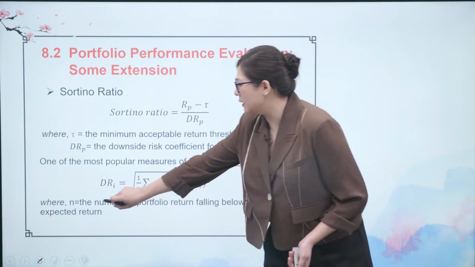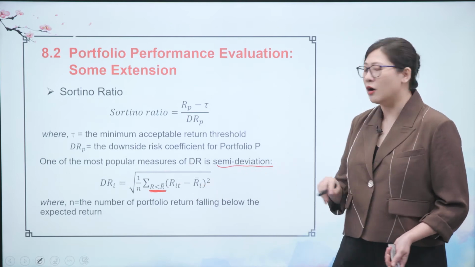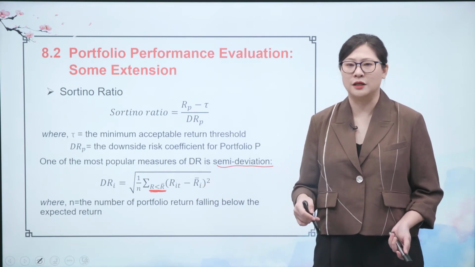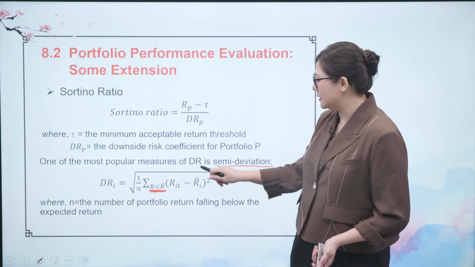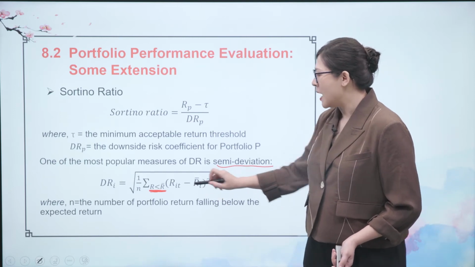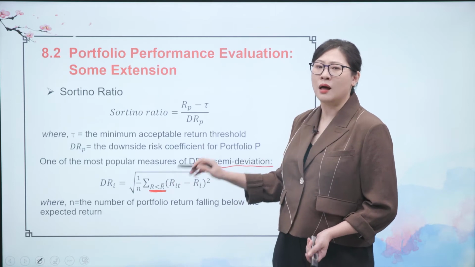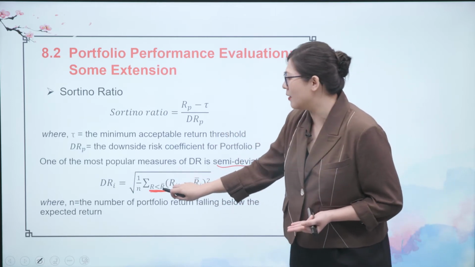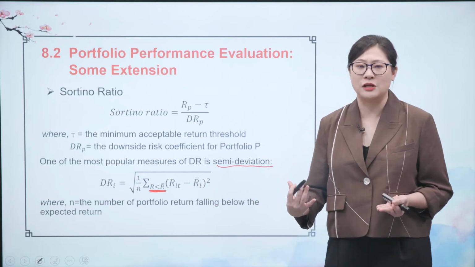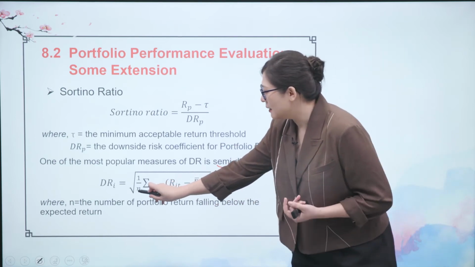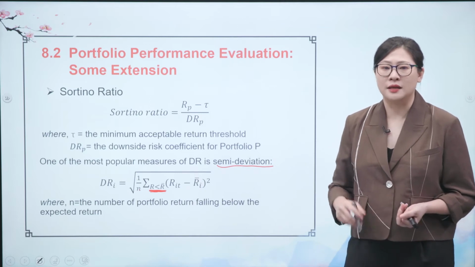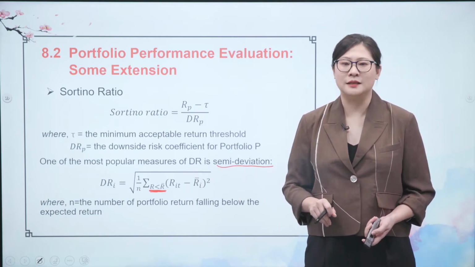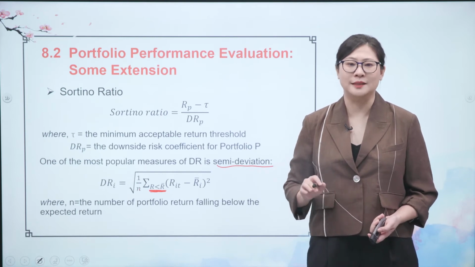The n here is the number of portfolio returns falling below the expected return. So now you need to know the average expected return, and you need to count how many returns are lower than our average expected return, and that's the number for this n, and then you can calculate our downside risk. This is the semi-deviation measure of downside risk.